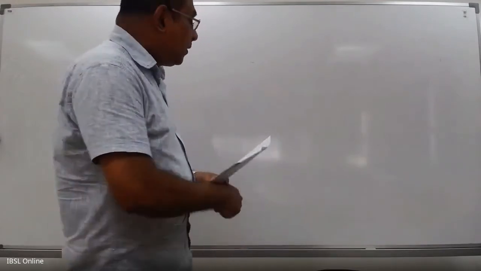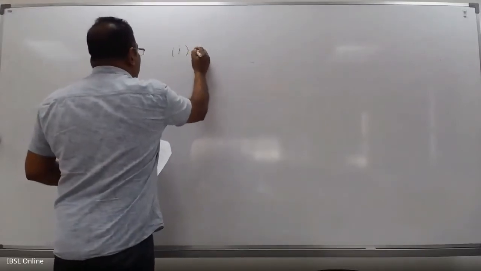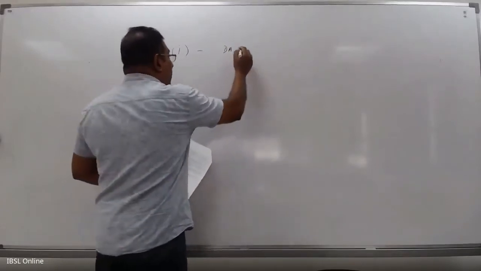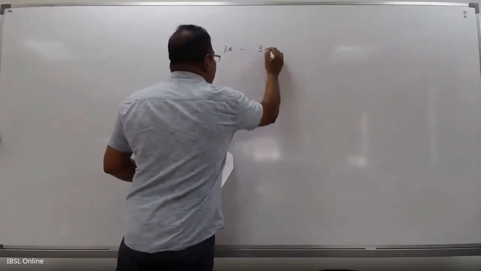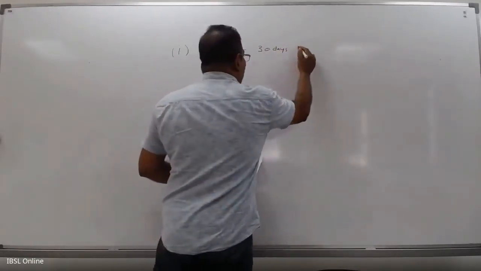An export order on DA terms. This is the Roman 1. DA terms, and the tenor is 30 days from the date of shipment.